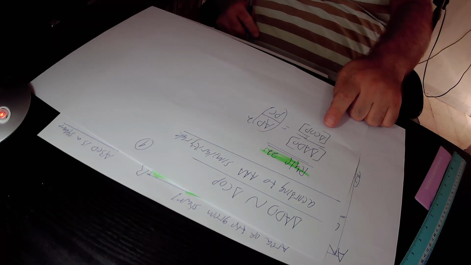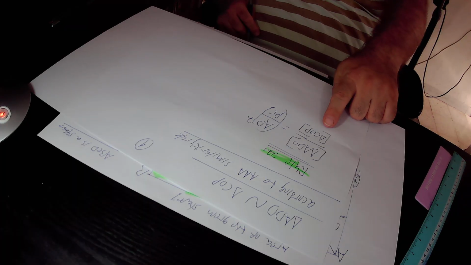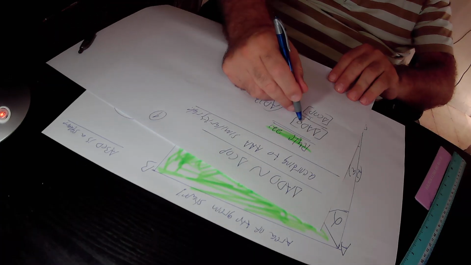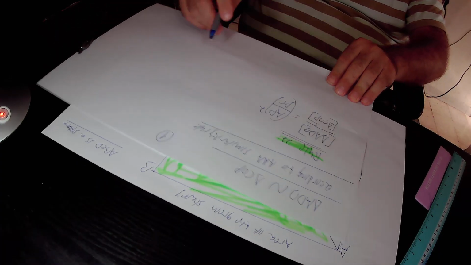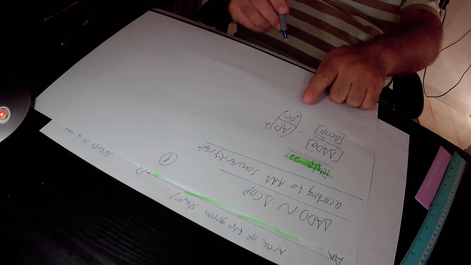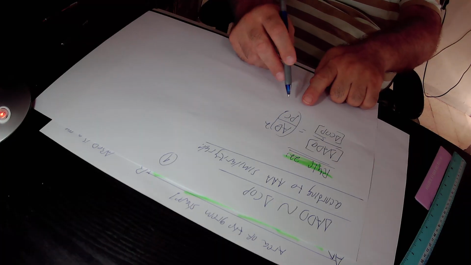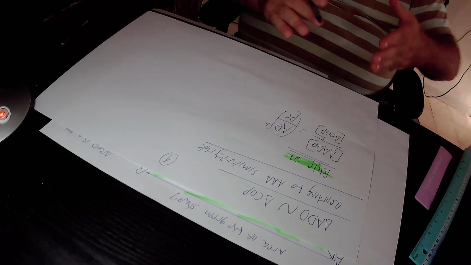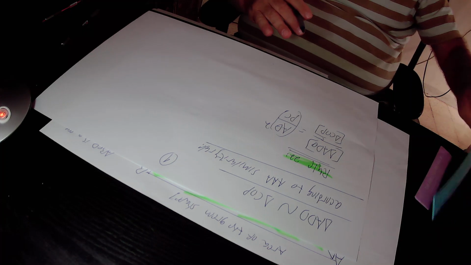So the area of triangle ADO over the area of triangle COP is equal to AD over PC squared. So this equation is the implementation of rule 22 in our drawing.